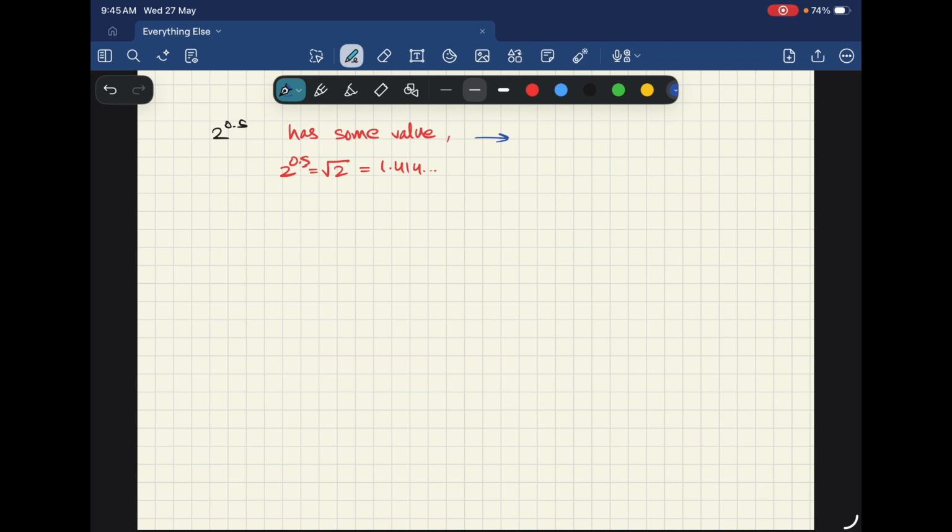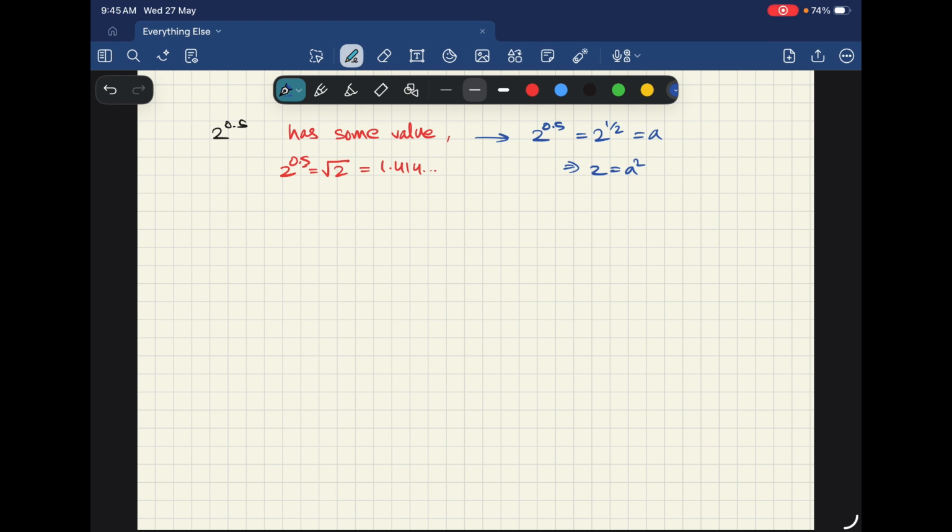Let me give you an example. The same example, 2 raised to the power 0.5, right? That is 2 raised to the power 1 by 2. Let's say our number is a. Alright, so what does that mean? That means 2 is equal to a square, right?